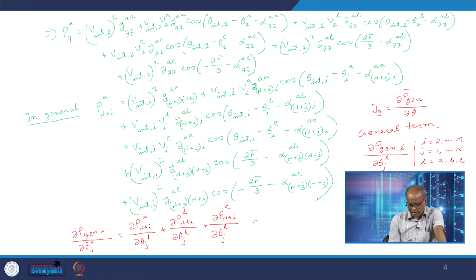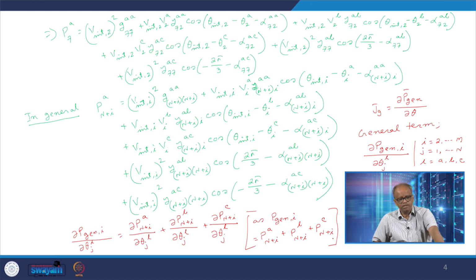Why? As P gen i is equal to P n plus i A plus P n plus i B plus P n plus i C. Correct? So that's what we have said, that P gen i, for example P gen 2, is actually nothing but the real power injection at the internal bus, that is bus 7A, bus 7B, bus 7C. So then therefore del P n plus i A by del theta j l.